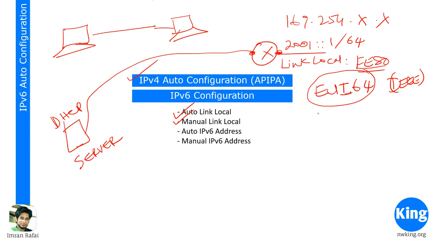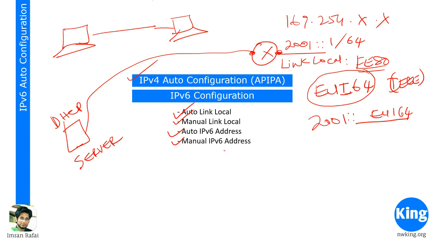So I can say I want 2001: and I want the EUI64 format, right? That's absolutely possible, and that is a way to automatically configure an IP address, and we'll show you how to do that in a bit. And manual IP address configuration, like we did, we put that IPv6 and you give the address /64, and that is the manual IPv6 address configuration, right?